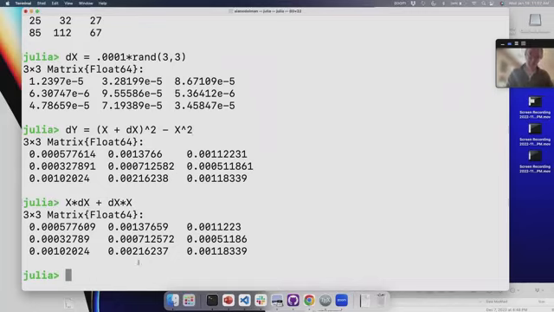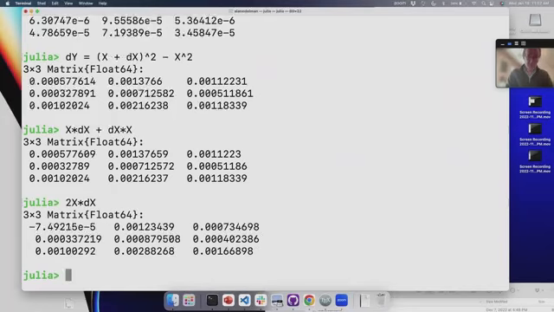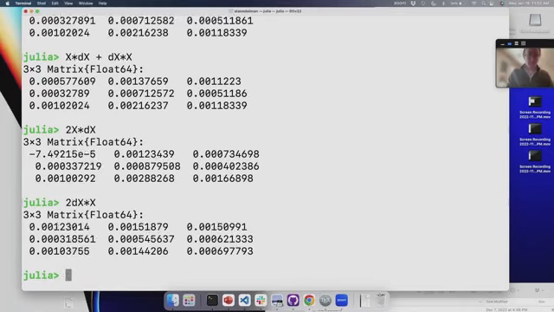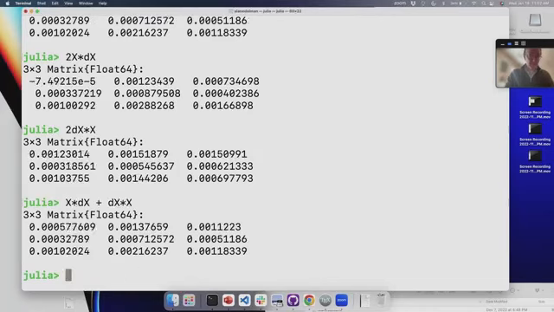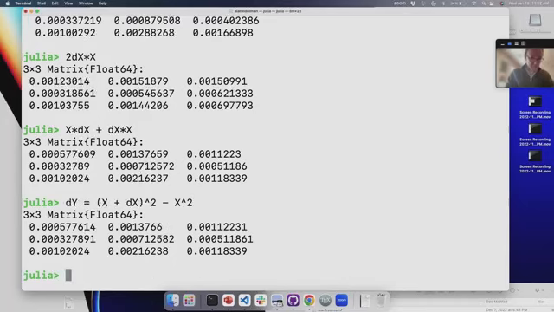And just to show you that these other ways you might think of doing it won't work, like 2x dx, that's not right, or 2 times dx times x, that's not right. But the one that is right, here, let's put it back up, is clearly that one.